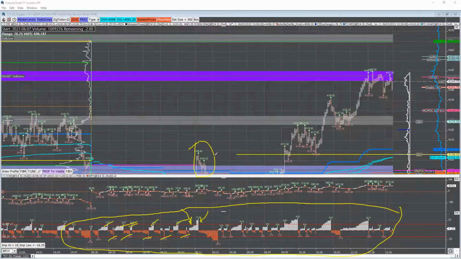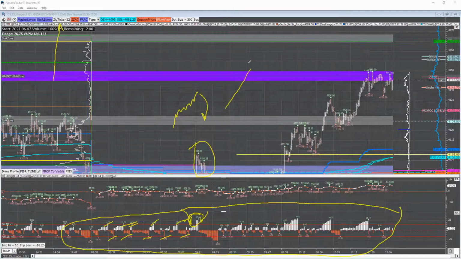At which point I said, okay, there's a setup there at the 4090 because this now gets my attention, and the rotations expanded to the upside. This tells me that one side has begun to exceed. These rotations are based on the market moving directionally without a counter rotation of 22 ticks or better.